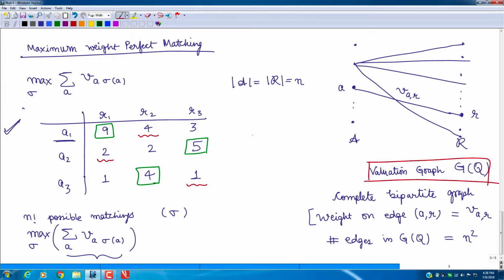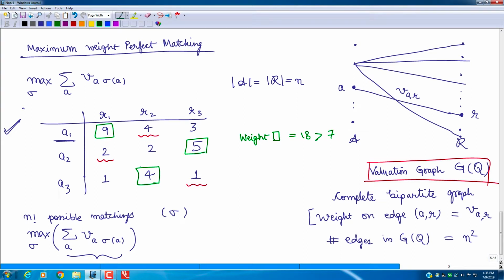Yes, it's 18. So the weight of this green matching is 18. Can you tell me what is the weight of the red matching, which is this? It is 7, which is indeed lesser than 18.